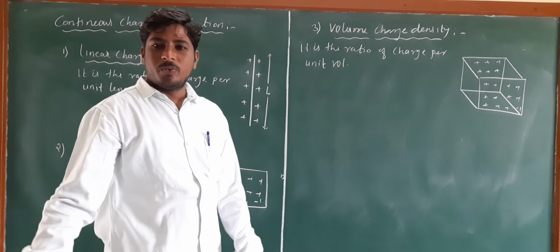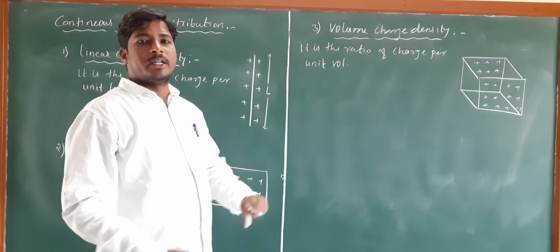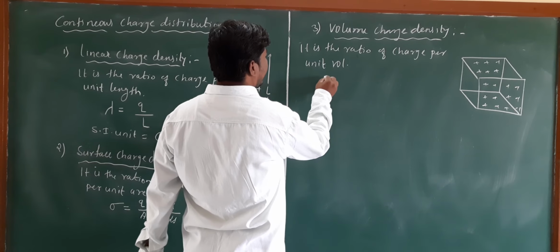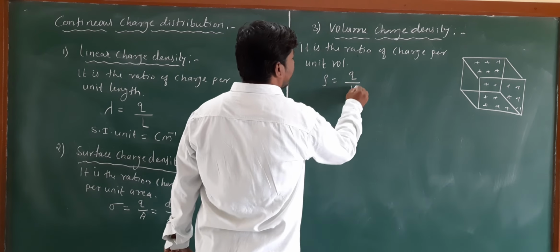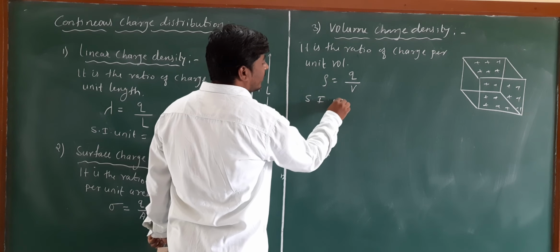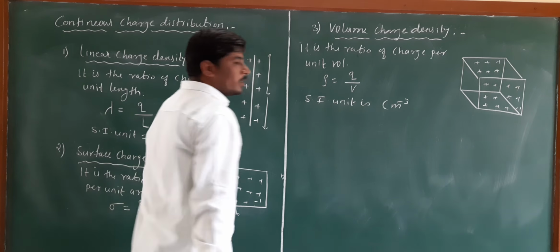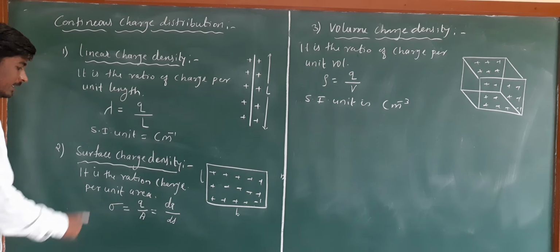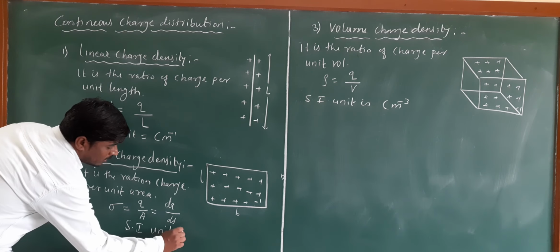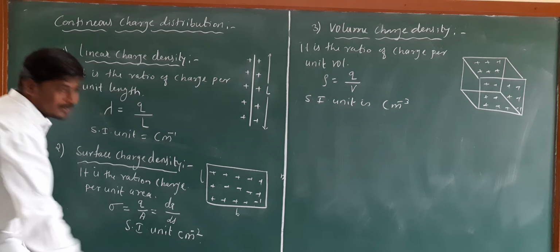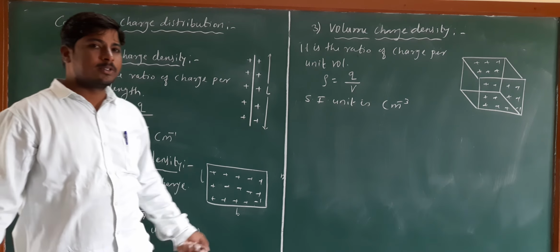Charge per unit volume is nothing but the volume charge density, given by rho equal to Q divided by V, and its SI unit is coulomb per meter cube. And the SI unit of surface charge density is coulomb per meter square.